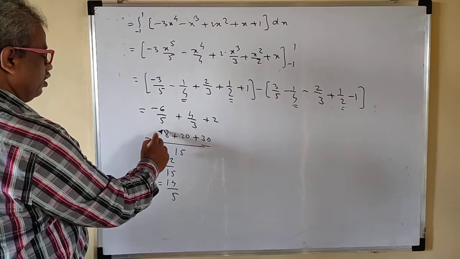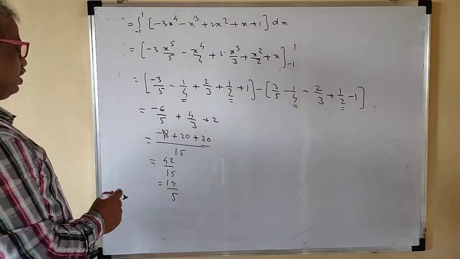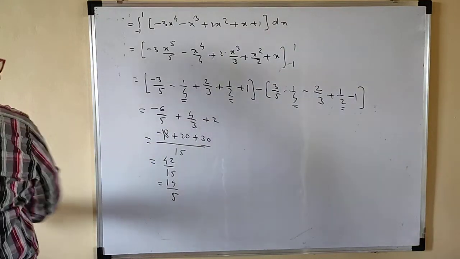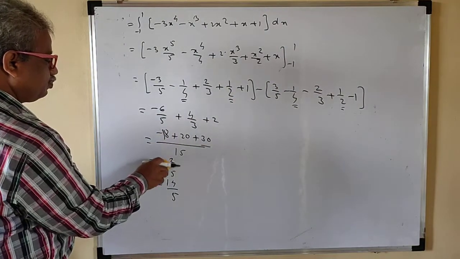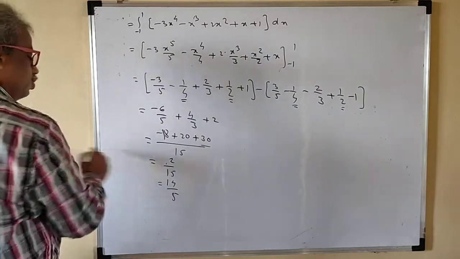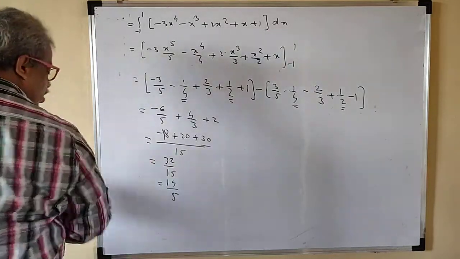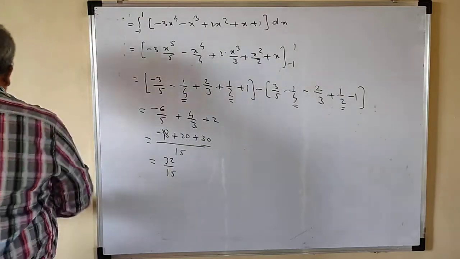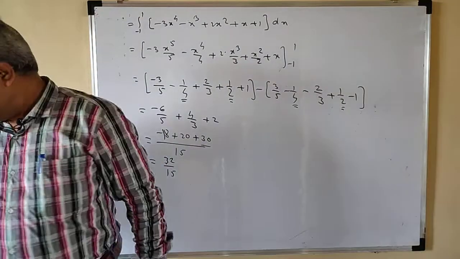Oh, this is 18, 6 into 3 is 18. So the sum is 32, and 32 upon 15 is not divisible by anything. So your answer is 32 upon 15.